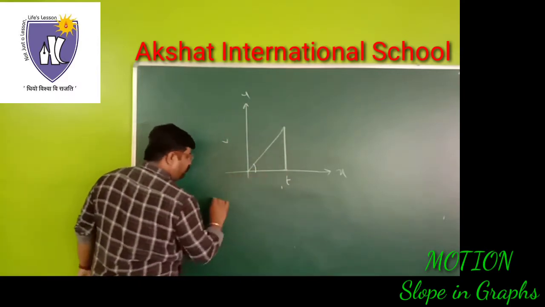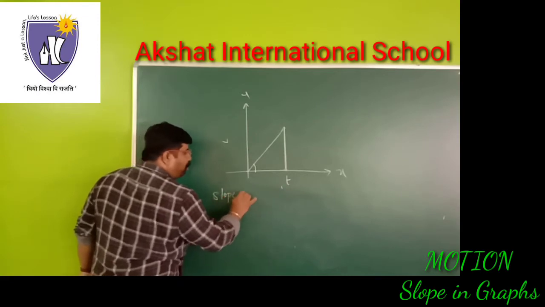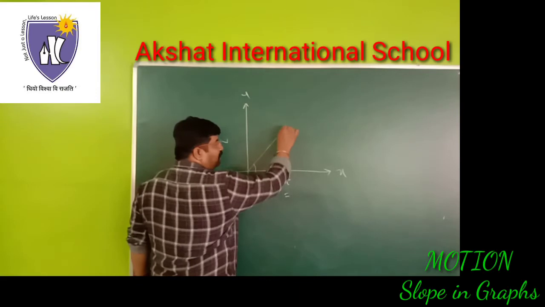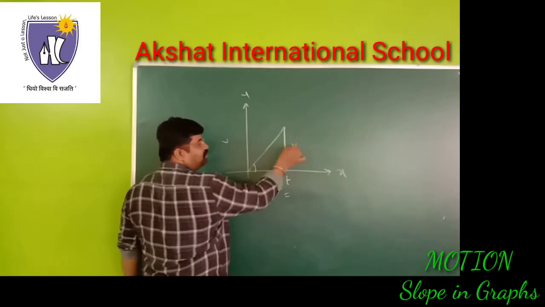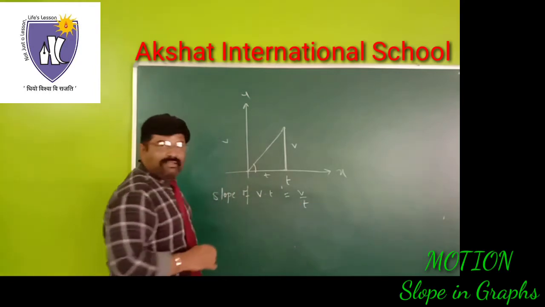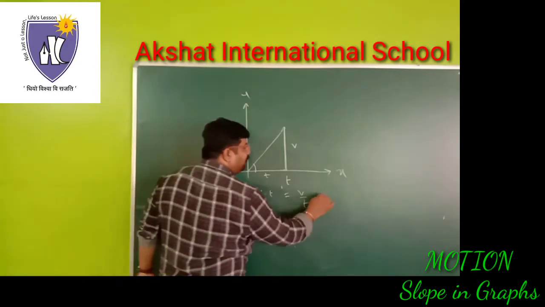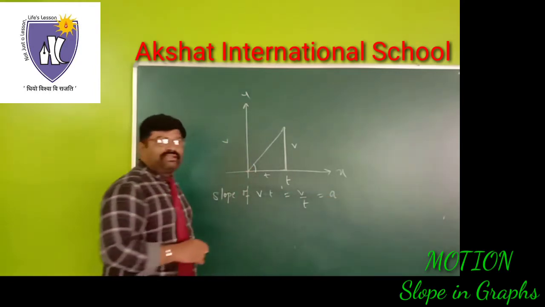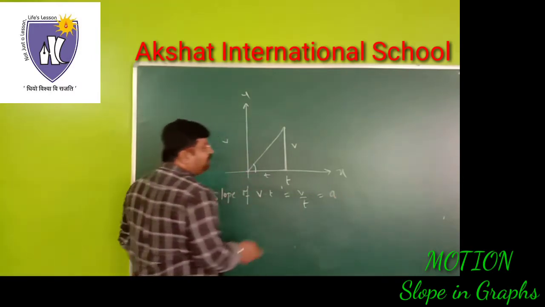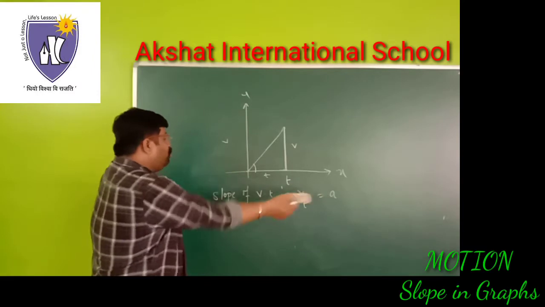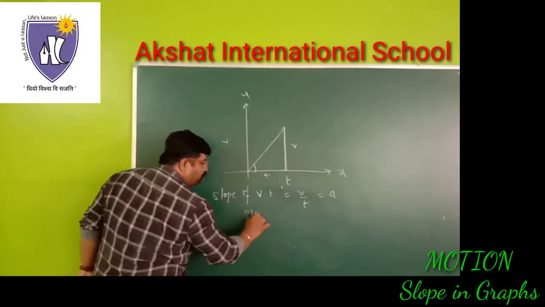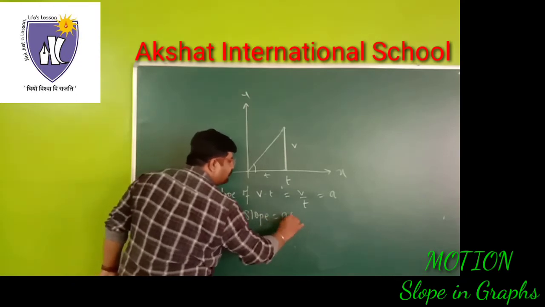So here the slope of a velocity time graph is v by t, where this is velocity and this is t. We know that v by t, change in velocity upon time, is acceleration. So in a velocity time graph, slope represents acceleration.